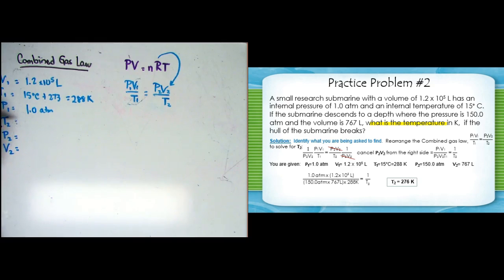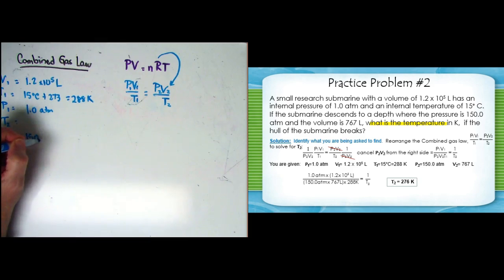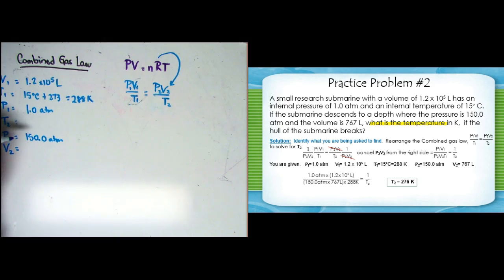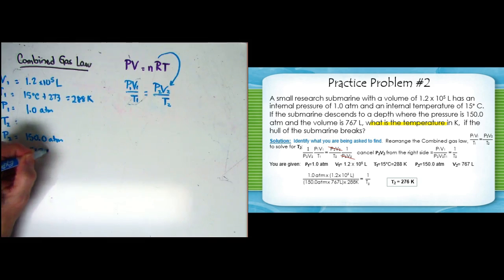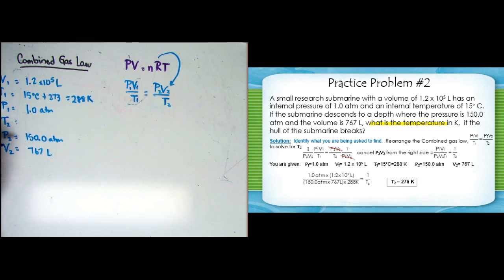Alright, what are we trying to do afterwards? What do we see that's an after? If the submarine descends to a depth where the pressure is 150 atmospheres, and the volume is 767 liters, we're asking for what's the temperature if the hull of the submarine breaks. Okay?